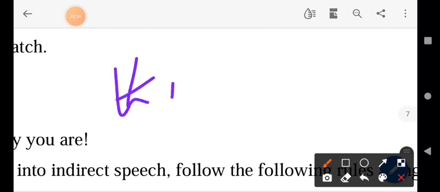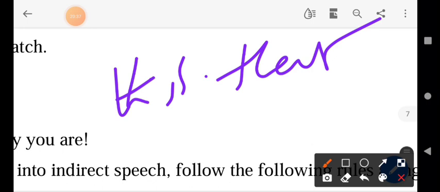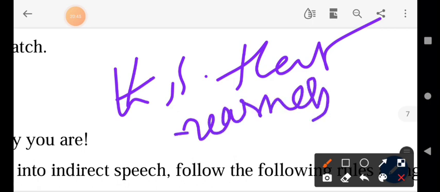Words expressing nearness in direct speech are changed into words expressing distance.